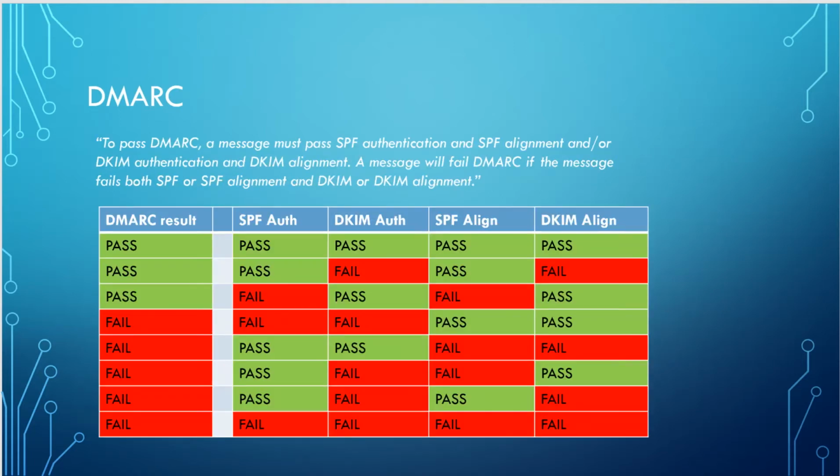Now for the DMARC result. I found this sentence: to pass DMARC, a message must pass SPF authentication and SPF alignment, and/or DKIM authentication and DKIM alignment. So one of them is enough. A message will fail DMARC if the message fails both SPF or SPF alignment and DKIM or DKIM alignment.